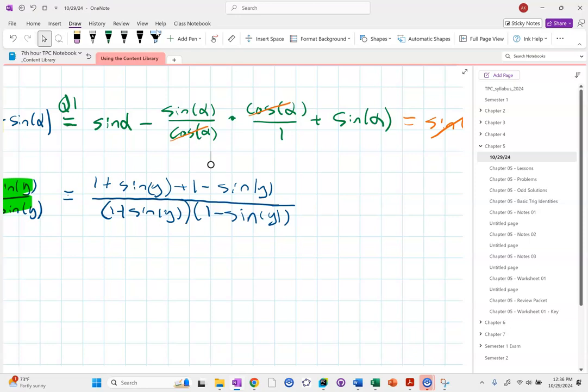In fact, there's 2 good algebra things you could do here. Your hint is one of them is in the numerator and the other one is in the denominator. I have 1 plus sine y plus 1 minus sine y. What can we do with that stuff?